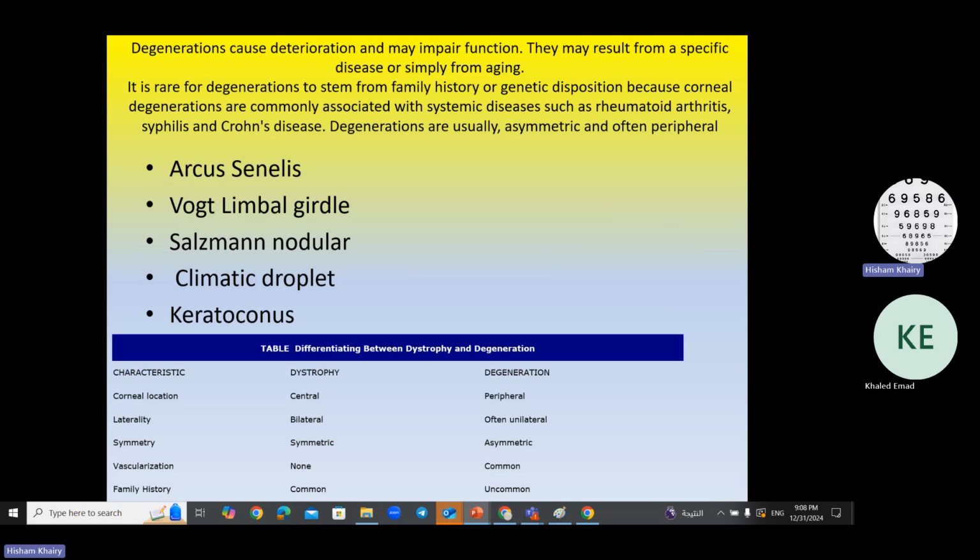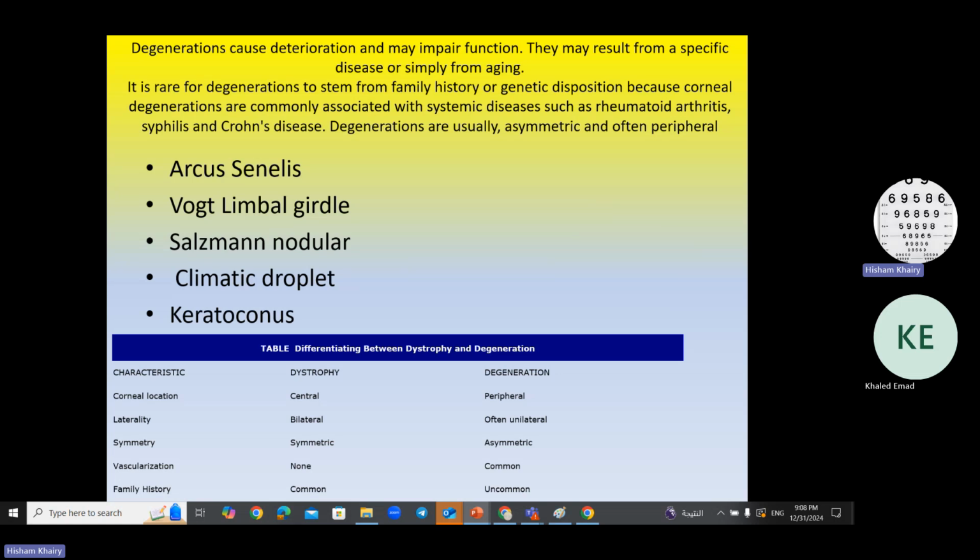So there are dystrophies and there are corneal degenerations. Degenerations are rarely found to have a family history or a genetic disposition. They are commonly associated with systemic disease, like rheumatoid arthritis, syphilis, Crohn's disease.